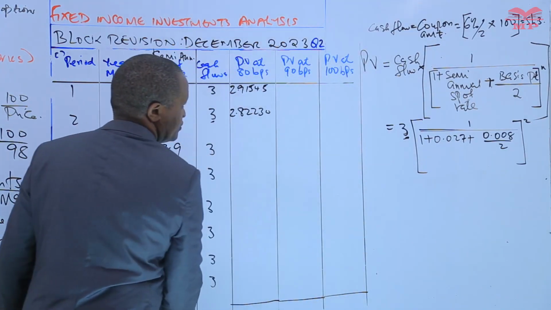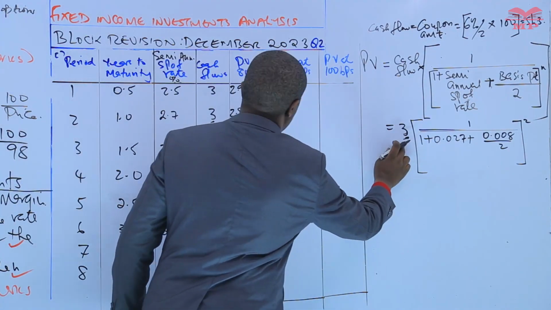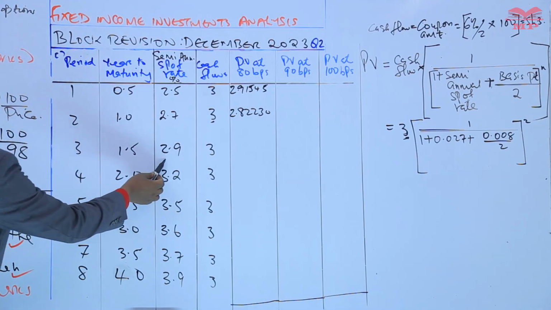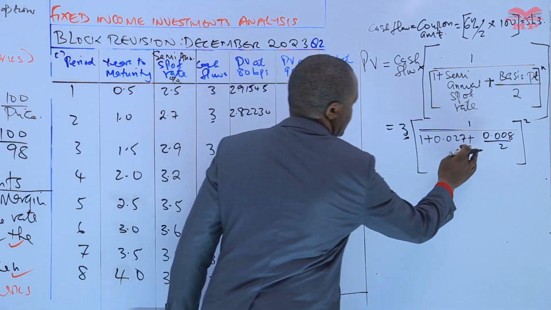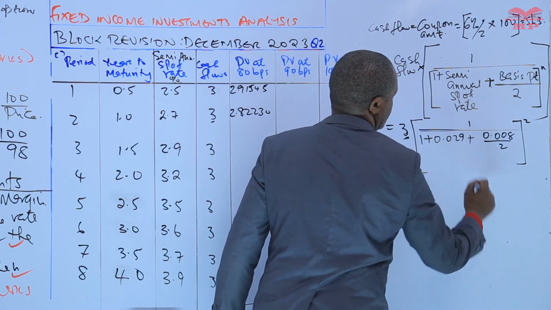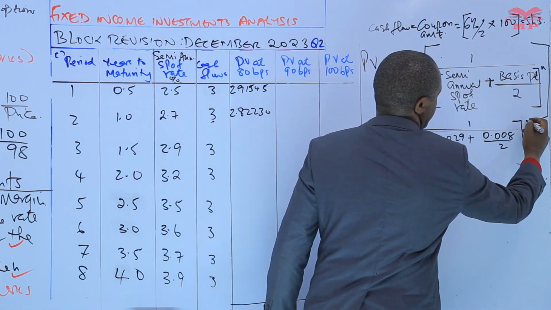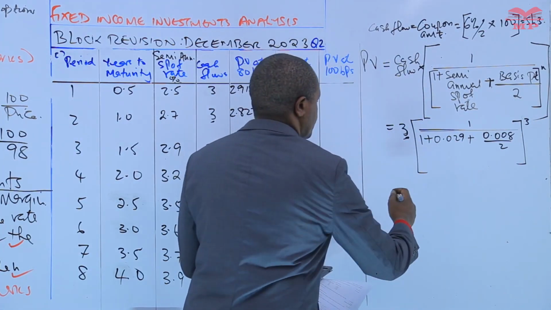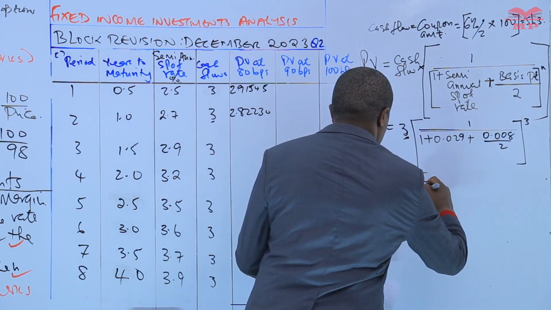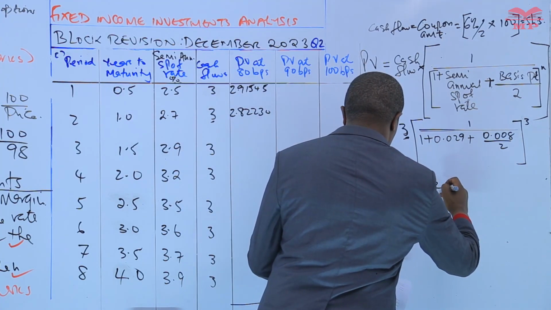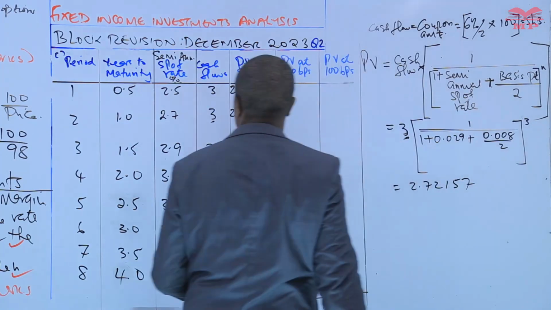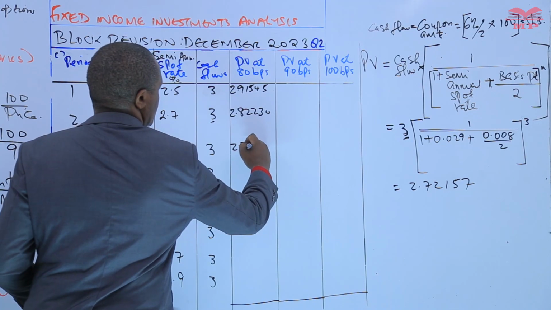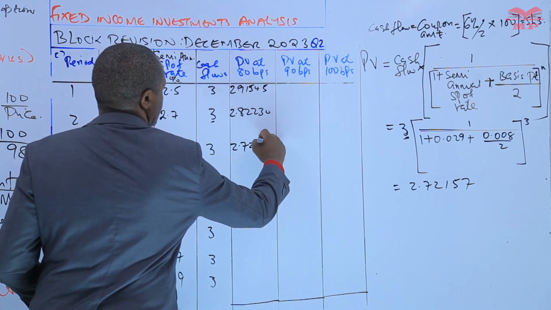Moving on to year 3, the cash flows remain. The semi-annual rate for the third period is 2.9%, raised to 3. So I'm going to have 2.72157.